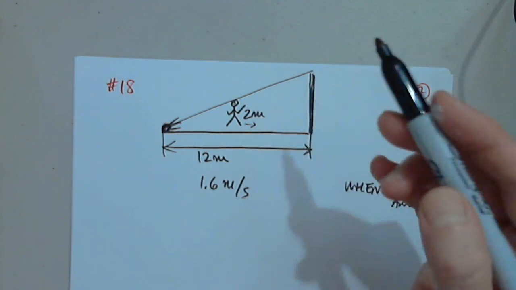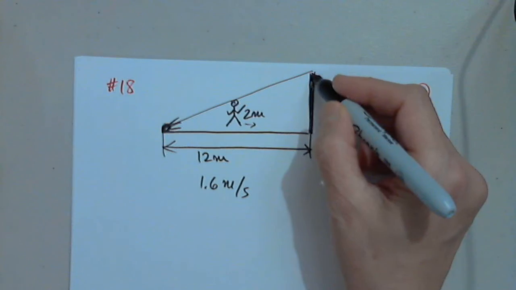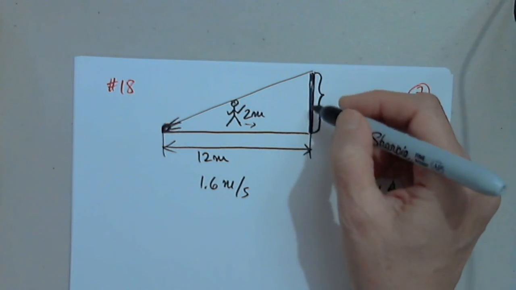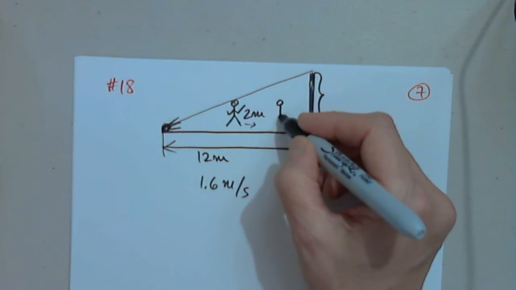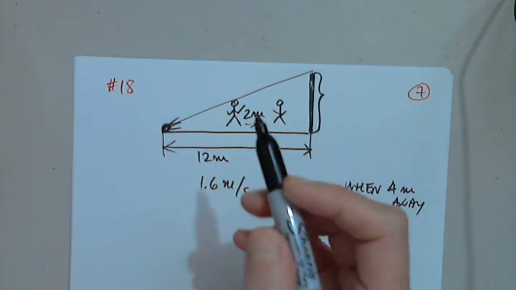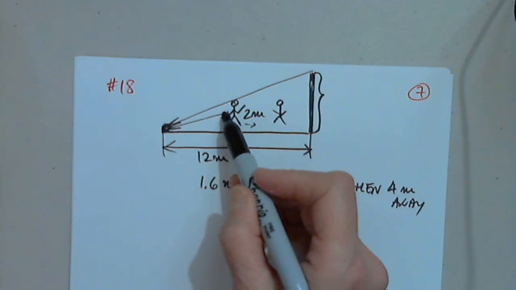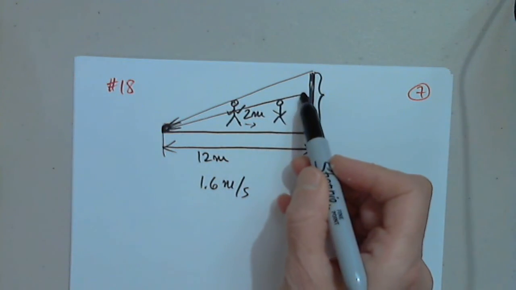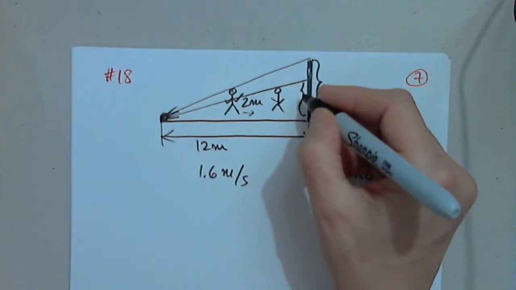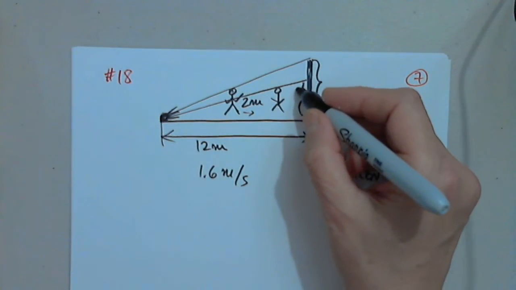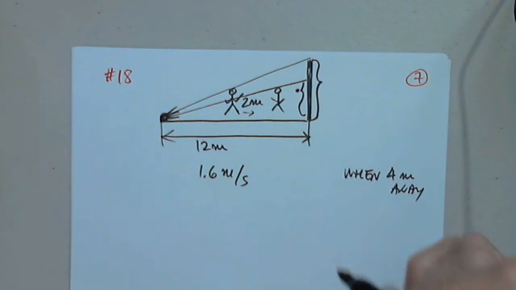At this stage, this is his shadow. This is the length of the shadow on the wall. But when he is here, look what happens. This is the length of the shadow. And when he's getting even closer, then you will see it's even smaller.